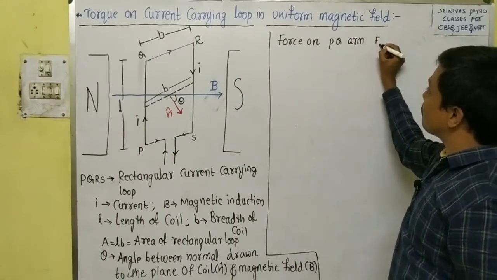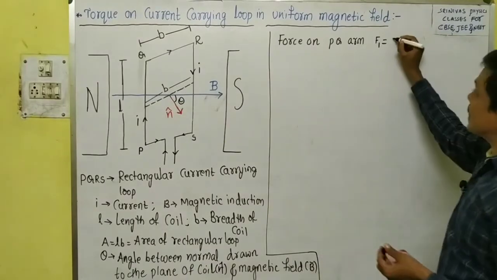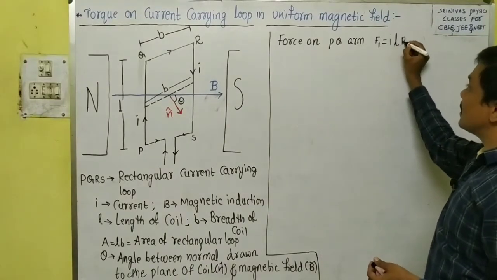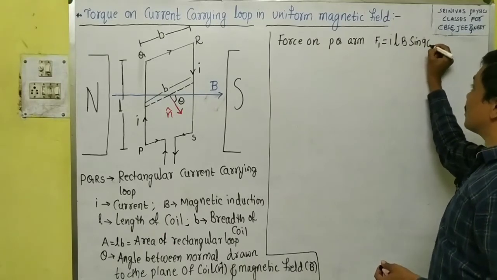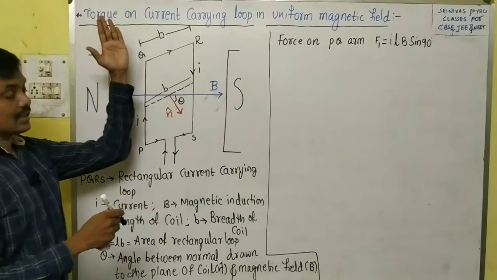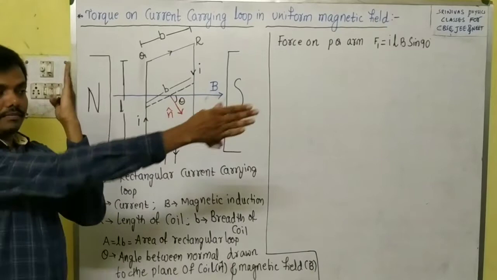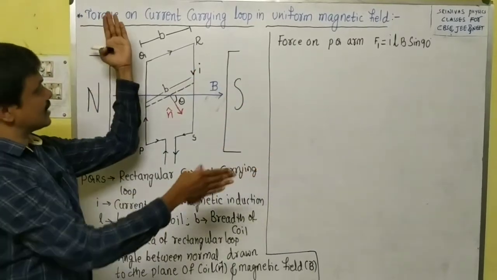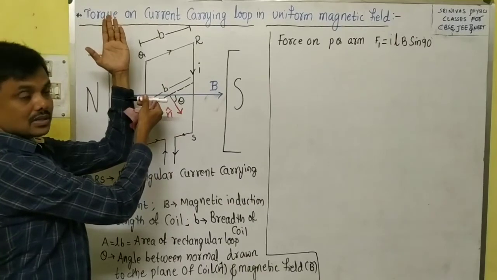That is F1, let us consider. That force formula is ILB sin theta. What is theta? The angle between L and B. But here theta is 90 degrees because the length is like this, the field is to the right side, so they are perpendicular to each other.